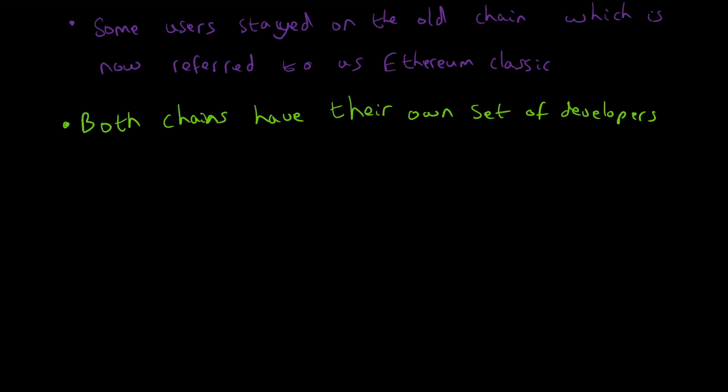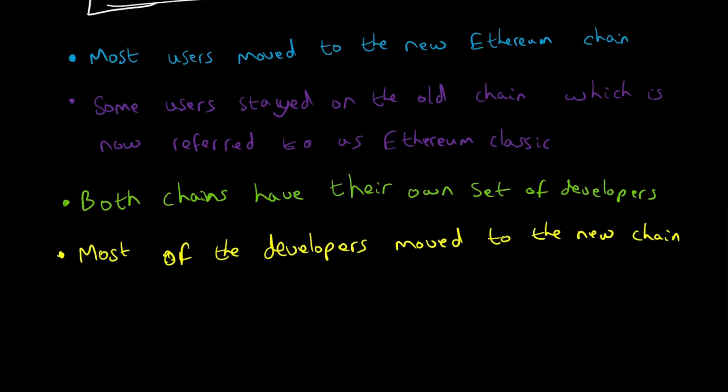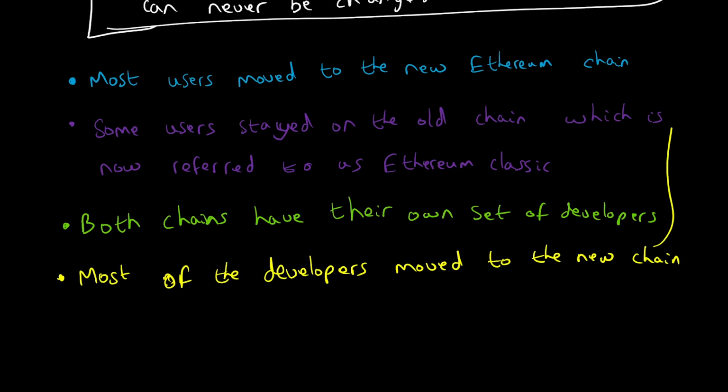They have different ideas of what they want each chain to be. Most of the developers moved to the new chain, which is referred to as just Ethereum.